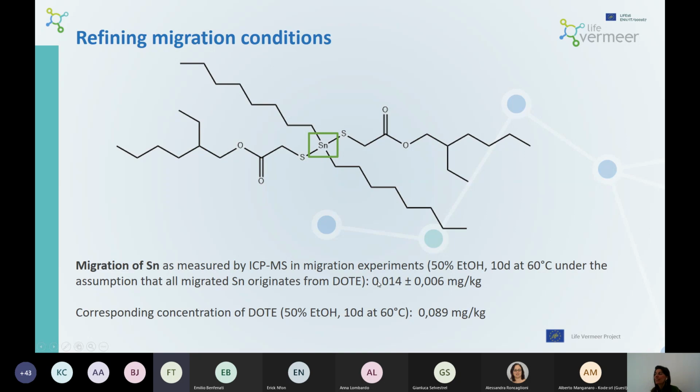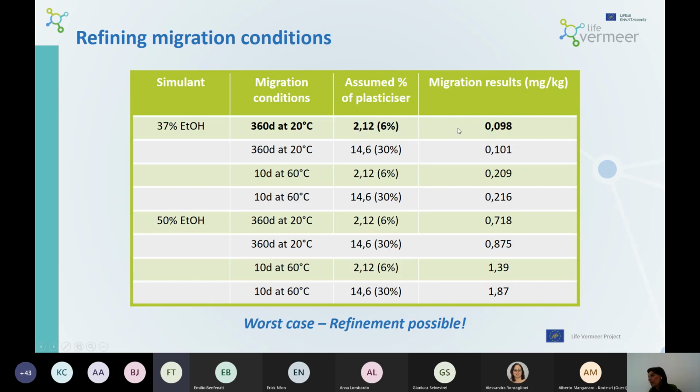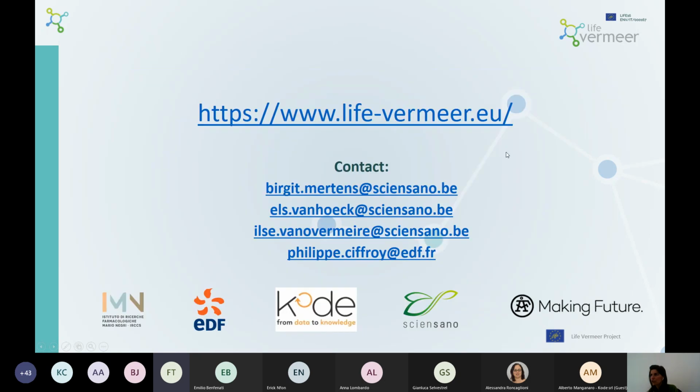Of course, you then estimate that all tin is originating from DOTE, which might not necessarily be the case. But if you would estimate that, you would come to a concentration of 0.089 milligrams per kilogram, which is really in line with this modeling outcome. So this is the demonstration of the two case studies.